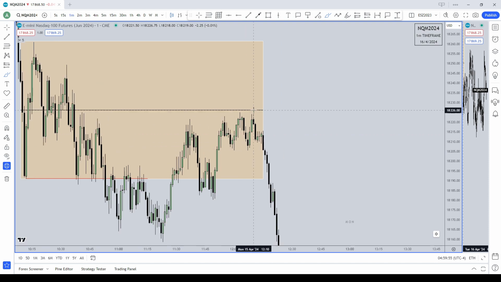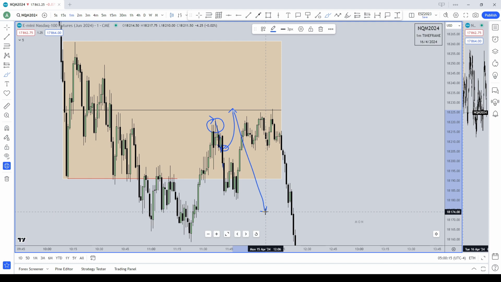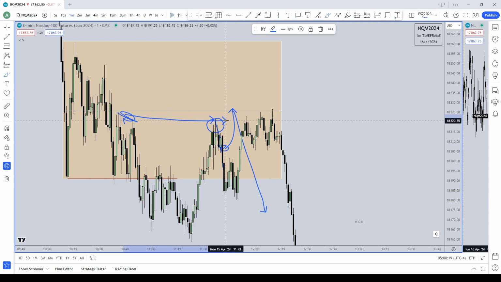And I entered here because look at it. I know this zone is unmitigated, and for me, it's really crazy to go one to one. Yeah, it's possible, but I know the price can go from here to 50% and then go one to one. Yeah, and take these liquidities, like internal liquidities, and drop massively down.